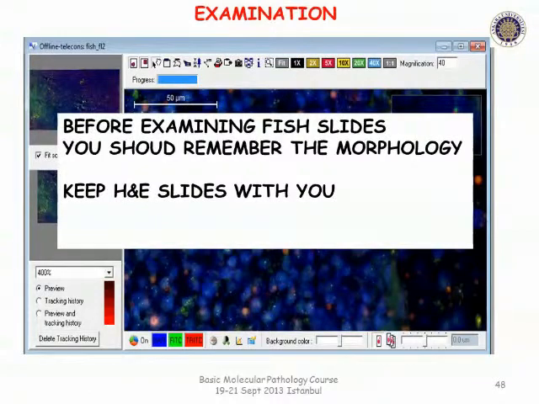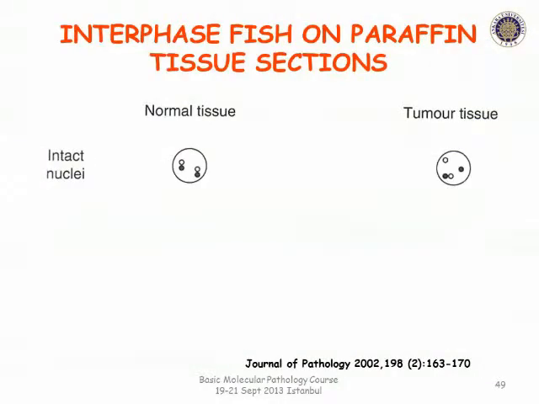If you don't know what your tissue was, you can have difficulty with interpretation, because this is a dark field. You may miss which cells were tumor cells and which cells were normal cells. So you need to have the memory of your original slide morphology.